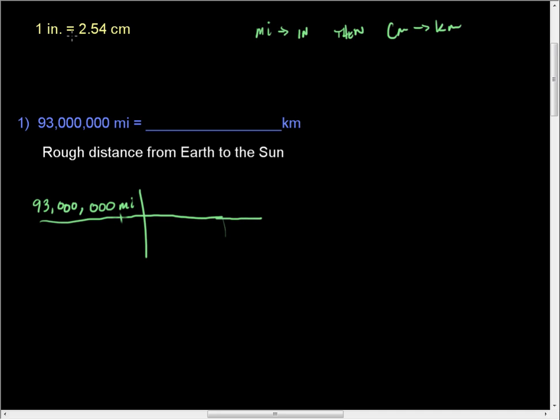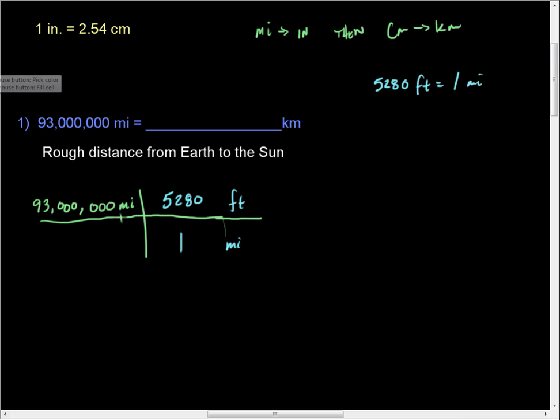The only conversion from standard to metric I know is from 1 inch to 2.54 centimeters. I do, however, also know that there are 5,280 feet in 1 mile, which means I can use that down here. I was in miles. I want to be in feet, and so that's going to give me 5,280 in 1 mile.